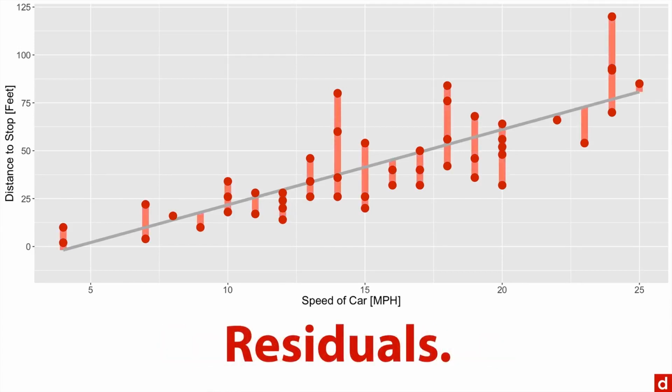If you take each data point and draw a perfectly vertical line up or down to the regression line, because the regression line predicts what the value would be for that value on the x-axis, those are the residuals. Each of those individual vertical lines is a residual. You square those and you add them up, and this regression line, the gray angled line here, will have the smallest sum of squared residuals of any possible straight line that you can run through it.